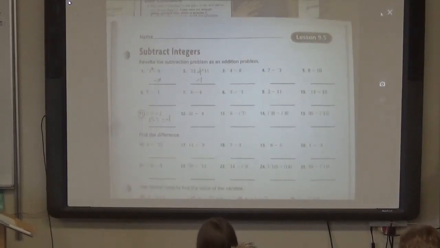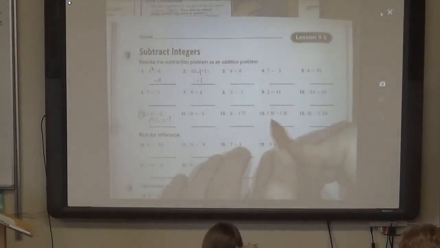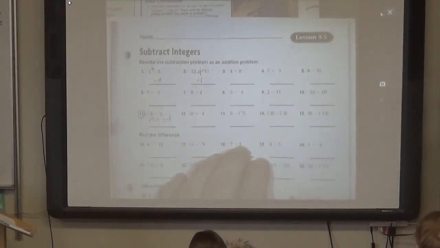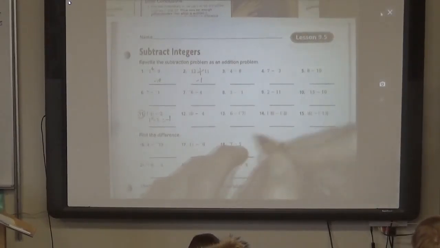Let's go to number 14. What's this one? Read that, everybody. Absolute value of 8 subtracted by absolute value of -8 equals.